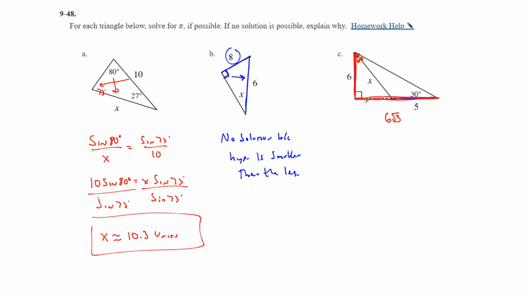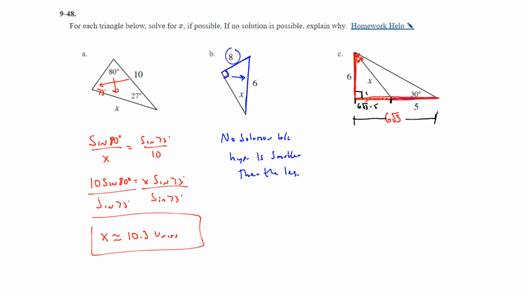which means then we can piece off and figure out what this length is right here, because if this whole thing from here to here is 6 square roots of 3, then I can subtract 5 to figure this one out. So 6 square roots of 3 minus 5 would be that length. And we can plug that into our calculator, and then because it's a right triangle, we can find x by doing Pythagorean theorem.